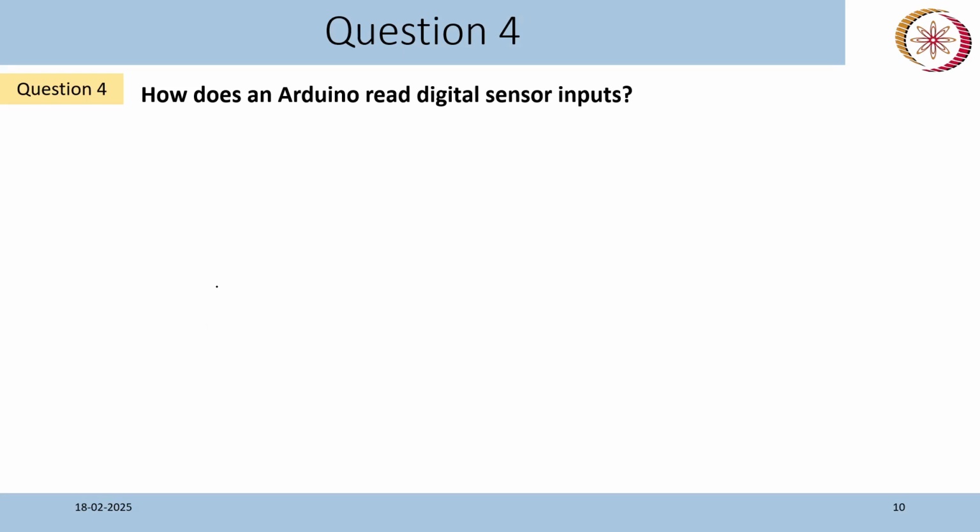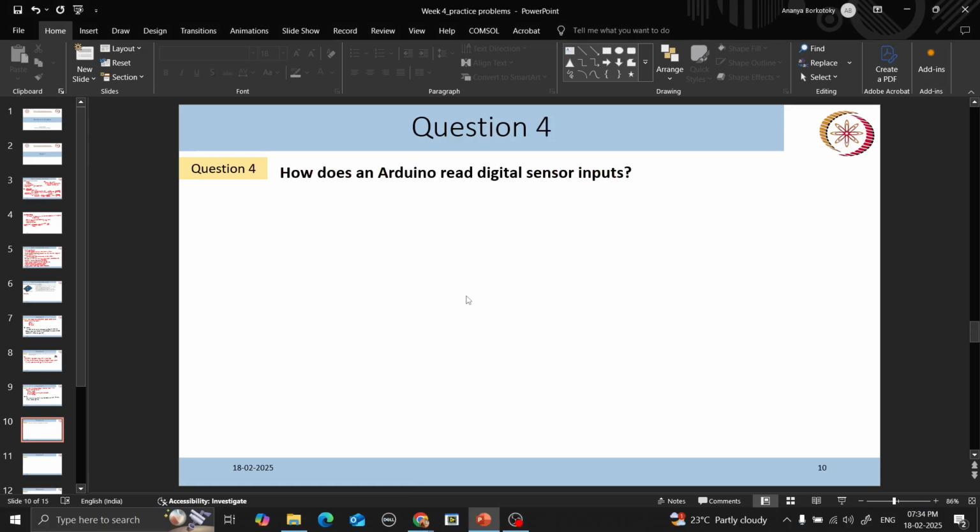So let me know in the chat box what function is used to read a digital sensor input, or any digital data, in Arduino. You can easily Google it, and I'm not seeing you, but I hope that you actually remember it and can write the function in the chat box without looking.